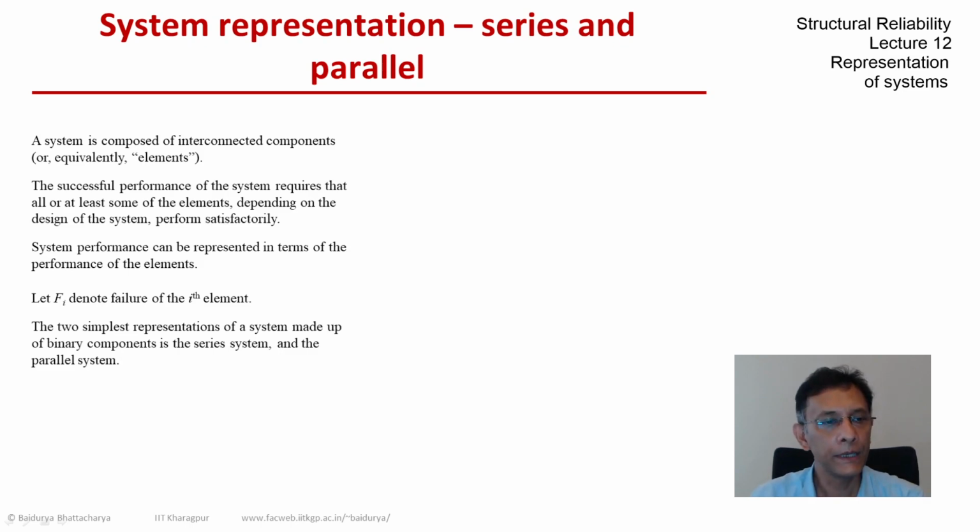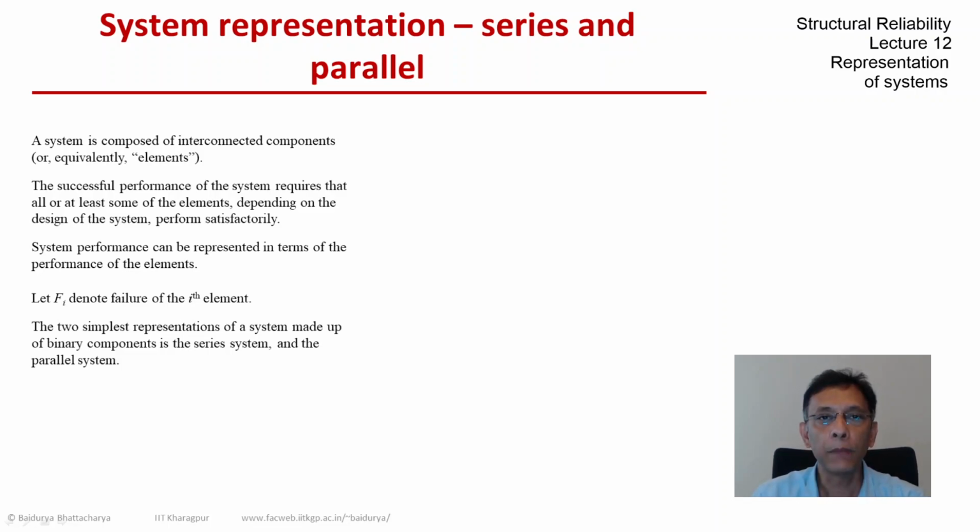Let Fi be the failure of element i, and we have looked at these two cases already. The simplest representation of a system made up of binary elements are the series system and the parallel system.